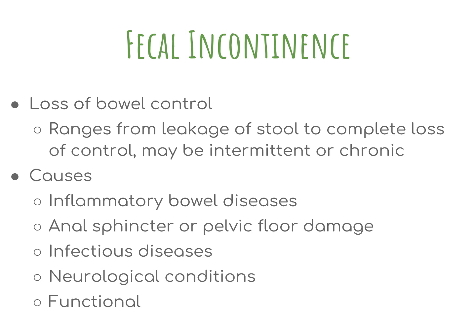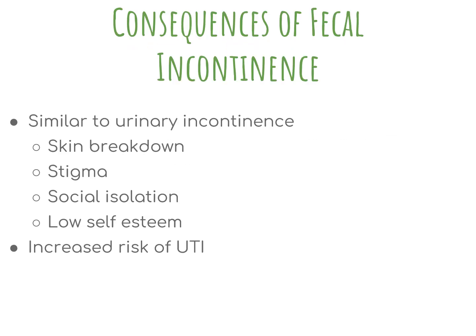And a few other causes include hemorrhoidectomy, childbirth, as well as radiation. Consequences of fecal incontinence. These are similar to urinary incontinence. So skin breakdown, the stigma, the social isolation, the low self-esteem, and this also increases the risk of UTI.